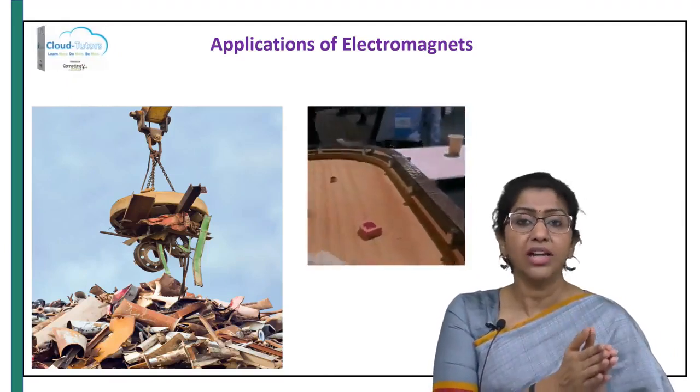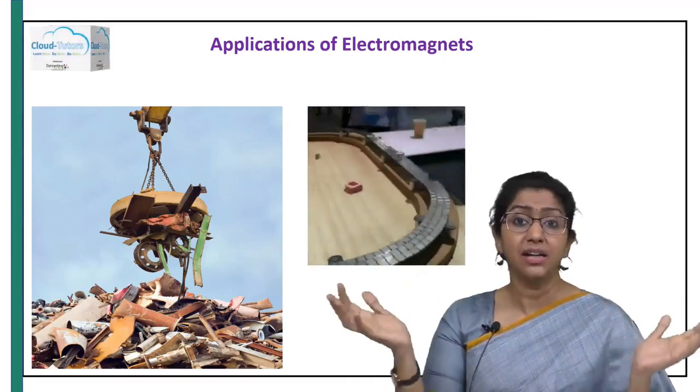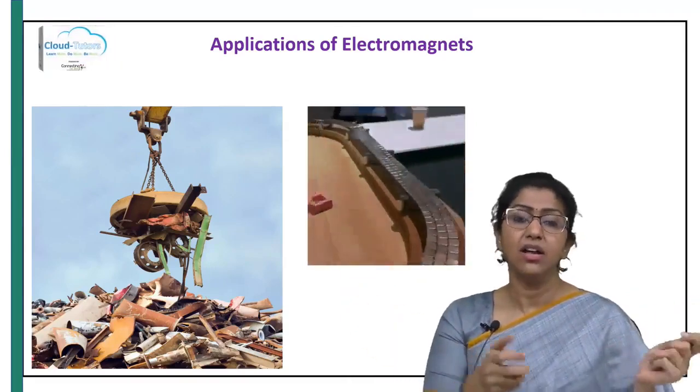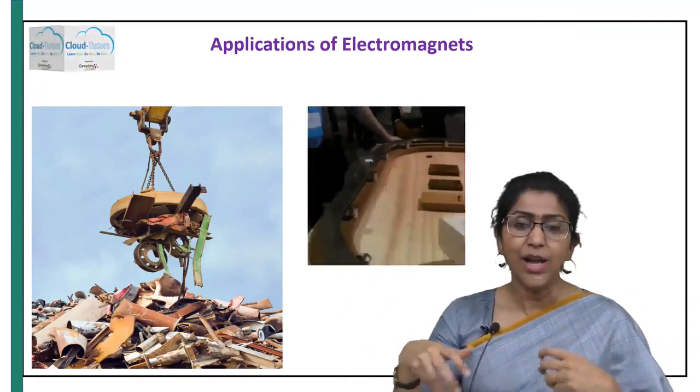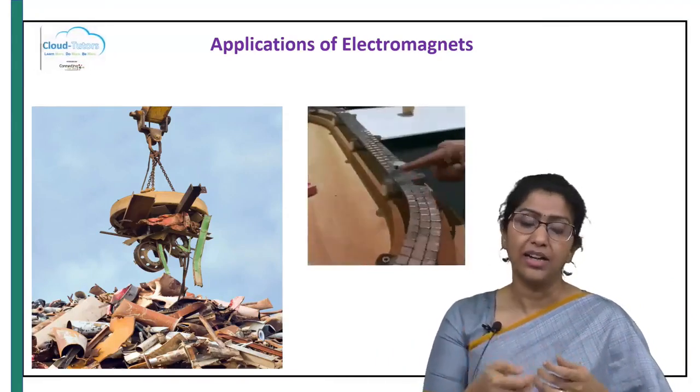So what can we use? We cannot actually get a giant natural magnet and go on holding it, right? So what these cranes use is an electromagnet.